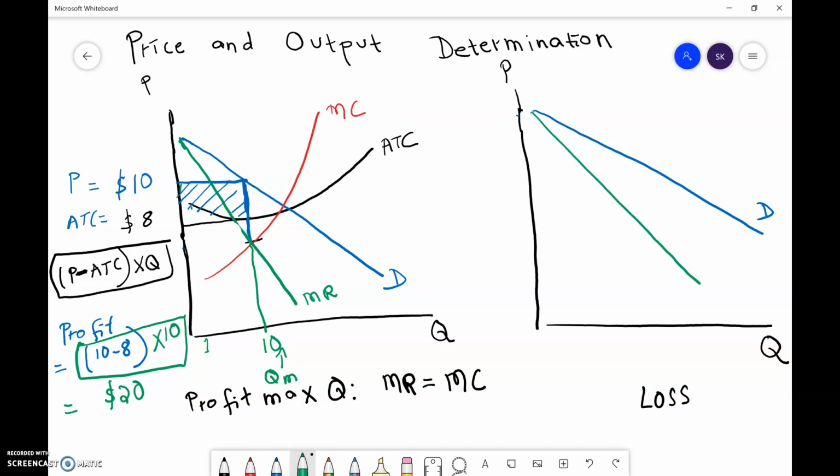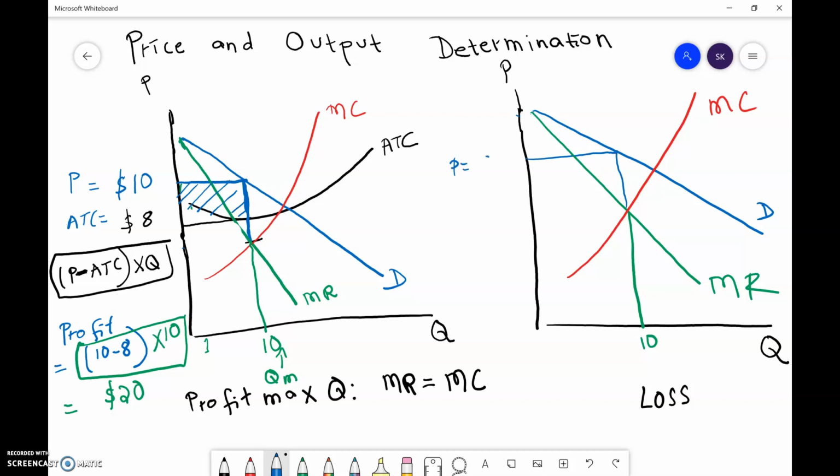Then this one is the marginal revenue curve. This is the marginal cost curve, and what we just learned before, at the intersection of marginal revenue and marginal cost, we have the output level. So the output is equal to 10. Now we can extend this all the way till it hits the demand curve, and we have the monopoly price, which is equal to $10.